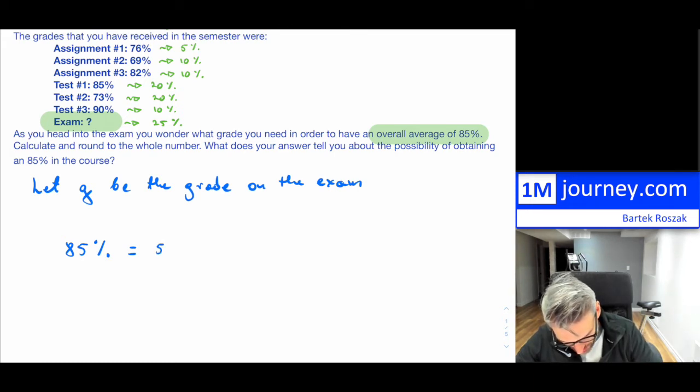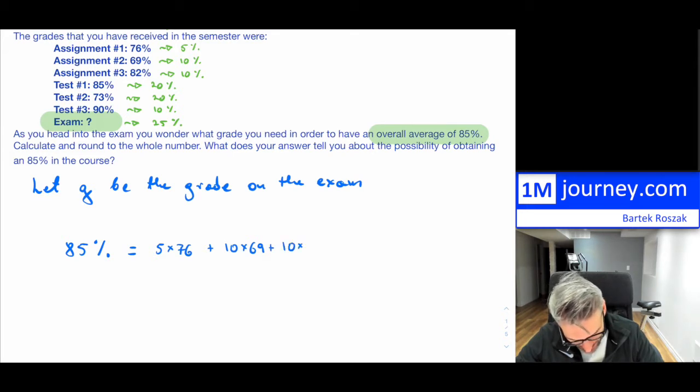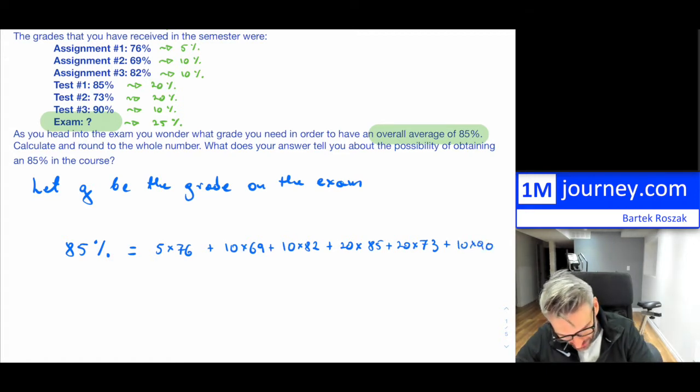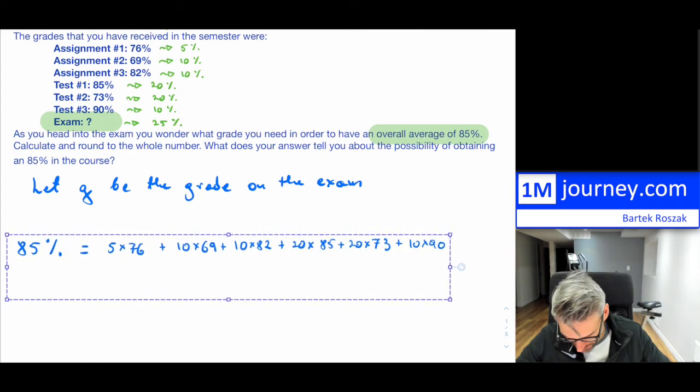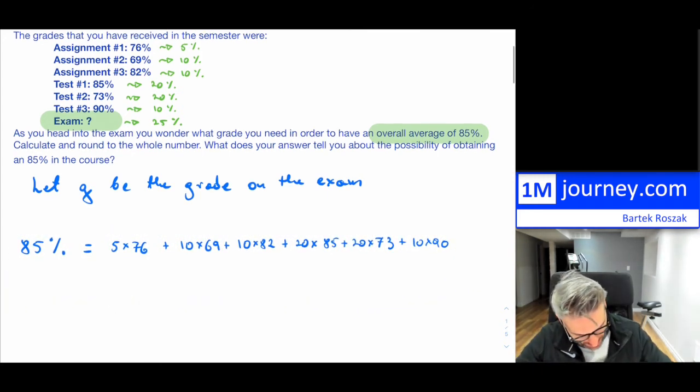That first assignment was 5% times 76% plus, now my second assignment, 10 times 69 plus 10 times 82 plus 20 times 85 plus 20 times 73 plus 10 times 90, and maybe I'll shift this over a little bit so that I have some space. And then the last one is your exam, right?